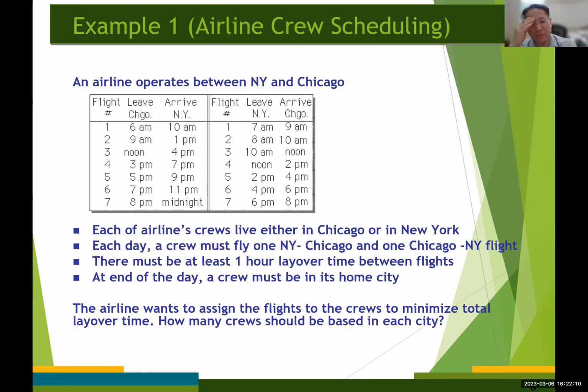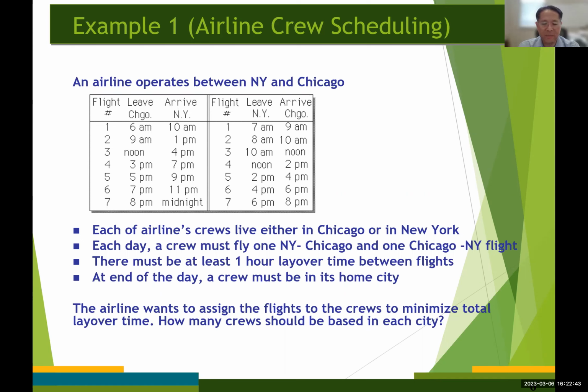The restrictions we need to consider are that each of the airline's crews lives either in Chicago or in New York City. Each day, a crew must fly one New York to Chicago flight and one Chicago to New York flight, okay? And there must be at least 1 hour layover time between the flights.